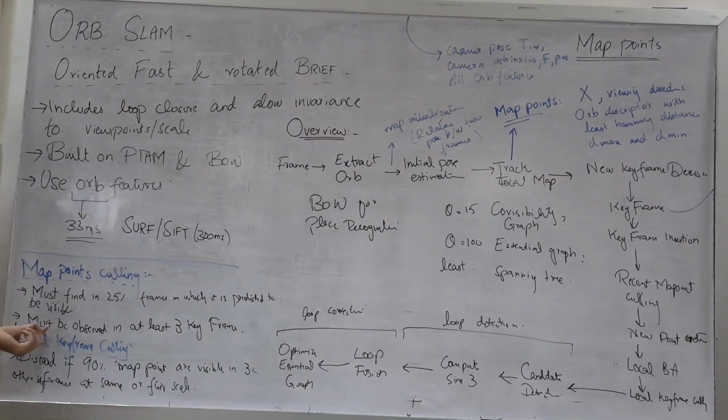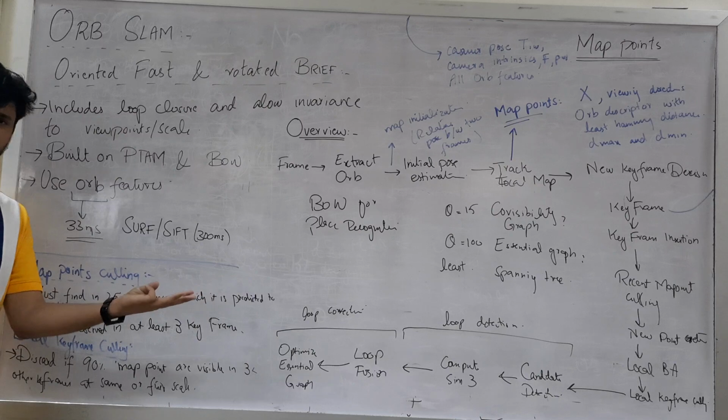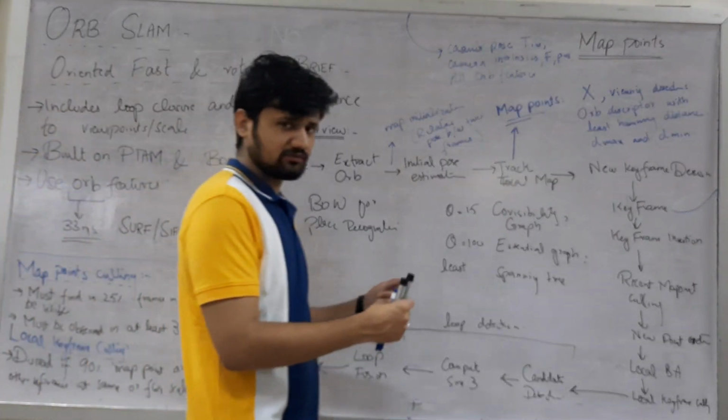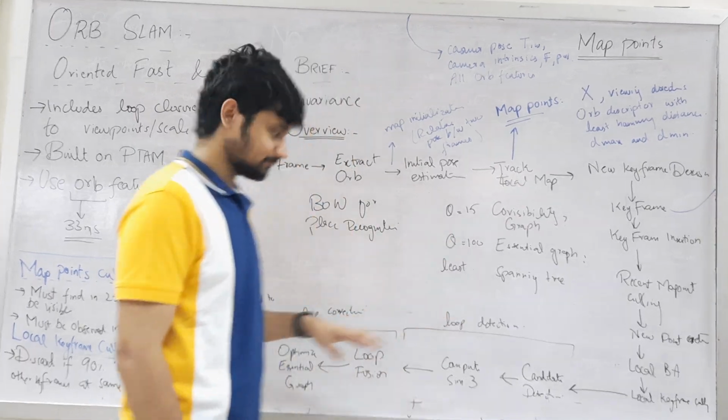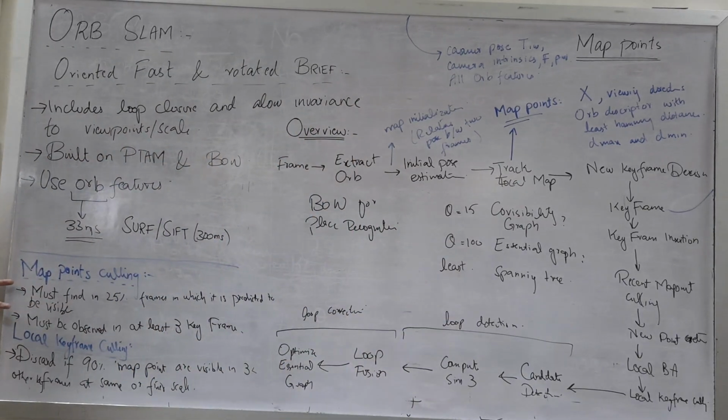Plus, it must be observed in at least 3 consecutive keyframes. If a map point has these 2 properties, you will keep that map point. Otherwise, you will cull it, you will delete it.